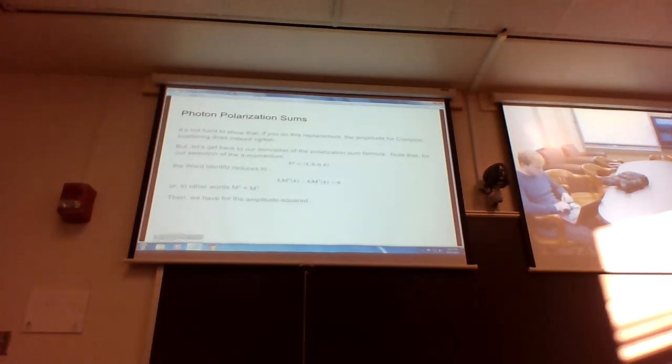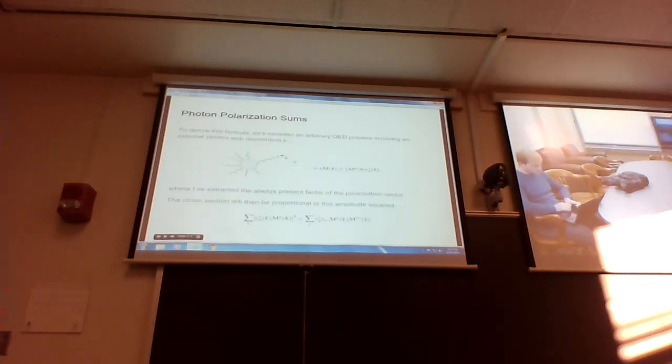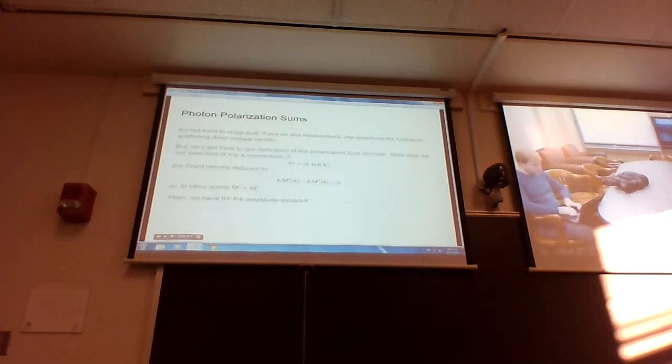So what we've done here is align our axes so that the z-axis is pointing along the k direction. That tells me the k vector only has components in z and in the energy component.